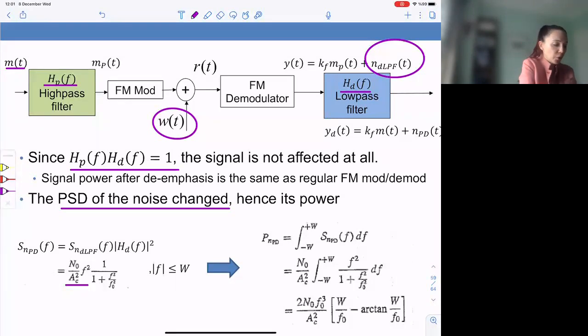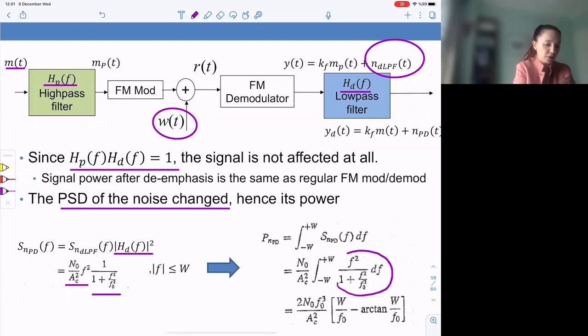Suppose we pass it through the de-emphasis filter. The de-emphasis filter characteristic magnitude squared gives us this. When you multiply, you find something that looks like this, and integrate it over the message bandwidth.